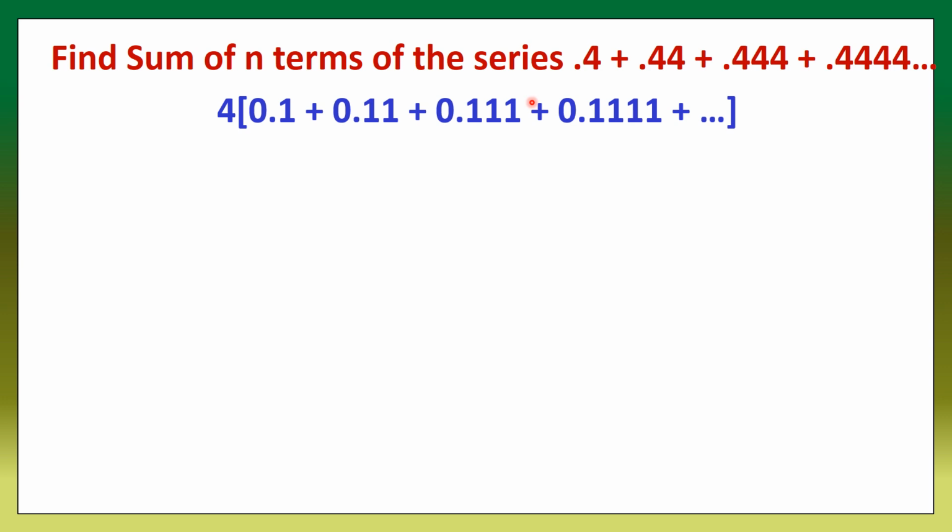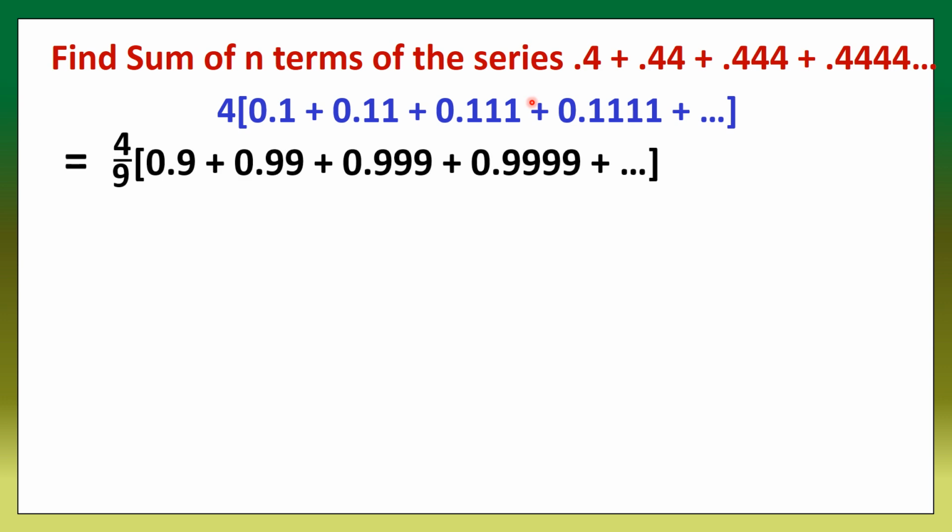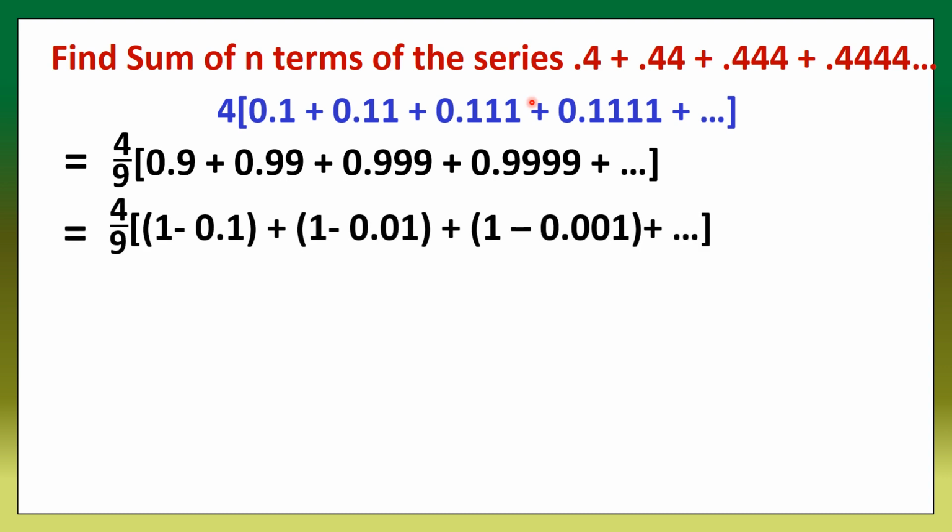And then multiplying and dividing it with 9, we get 4 by 9 into 0.9 plus 0.99 plus 0.999 plus and so on. And in the next step, a slight difference is there. In the other question, we had taken 10 minus 1, but here it is 0.9, so we cannot take it as 10 minus 1.